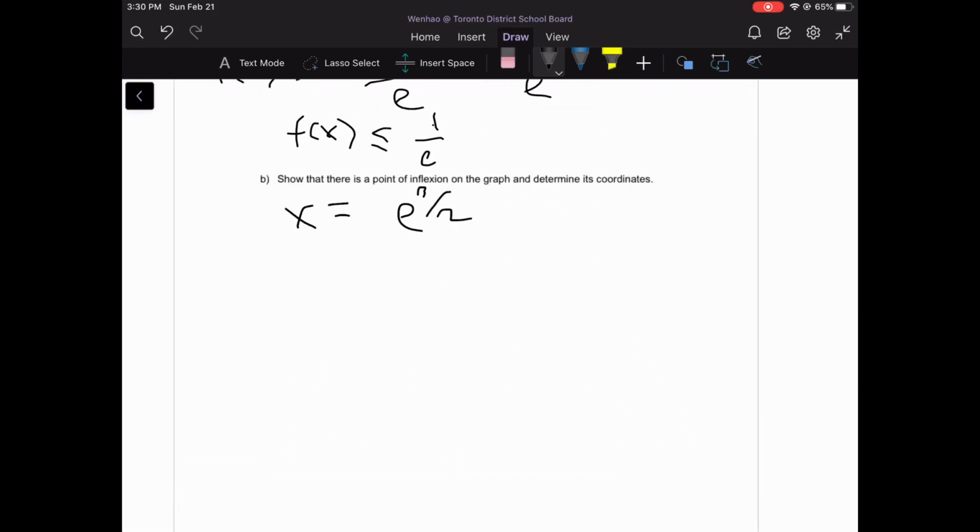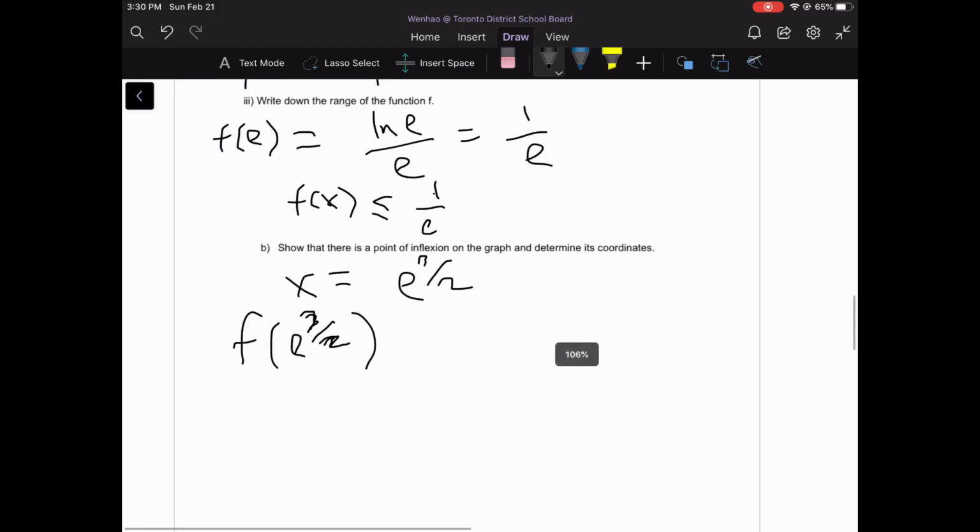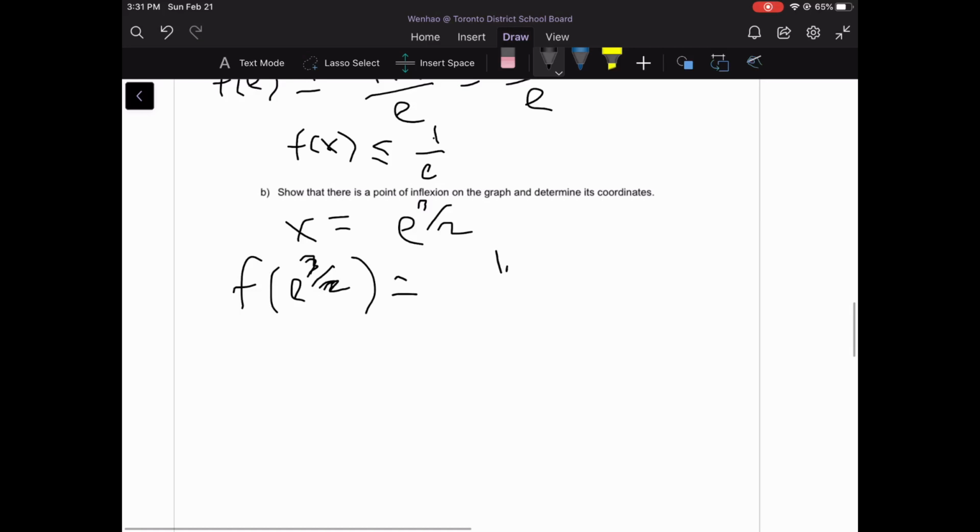Right, so I cleaned it up a bit and rewrote the x value of the point of inflection. We plug this value into f of x, so we get ln of e to the 3 over 2 over e to the 3 over 2.